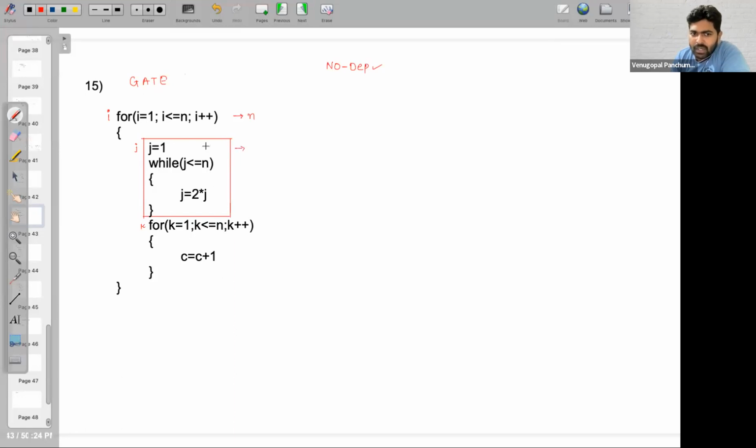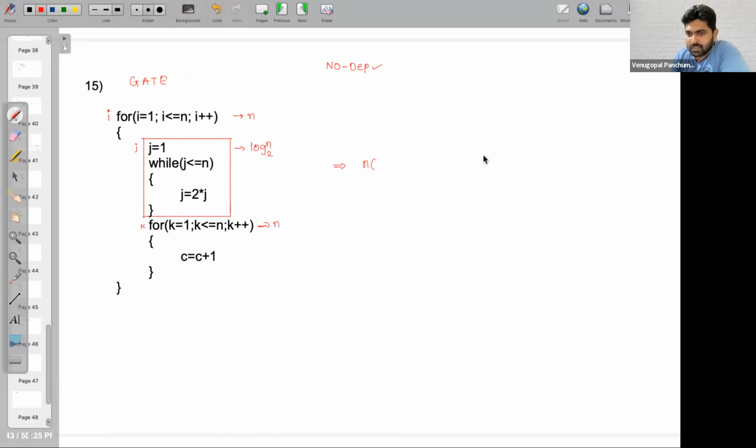How many times is this loop running? This is a standard log n template, which is log n base 2. How many times is this running? This is a simple standard for loop. Now, if you want to put all these three things together, you need to add these individual things, friends, then multiply with the nested one.